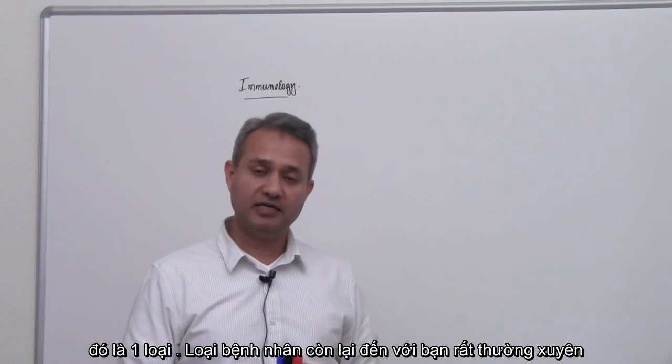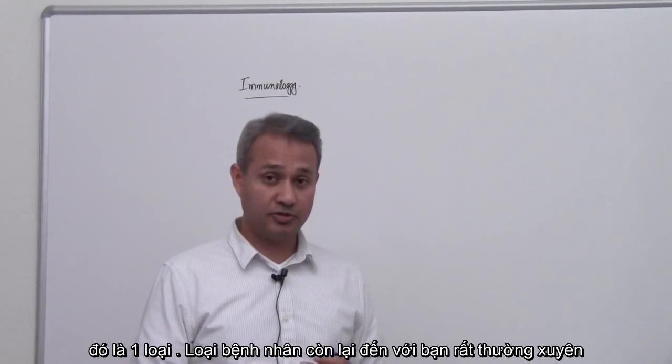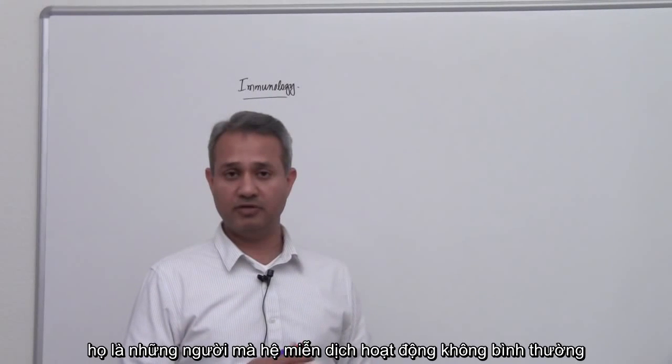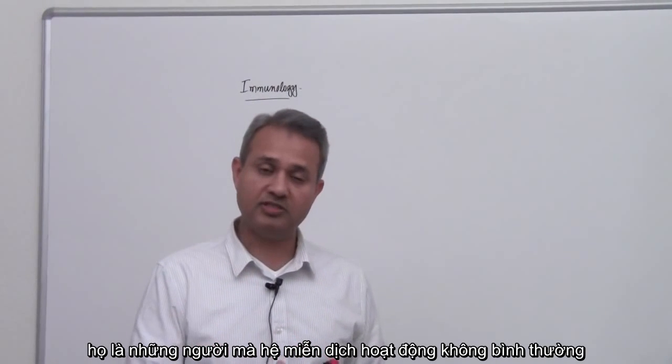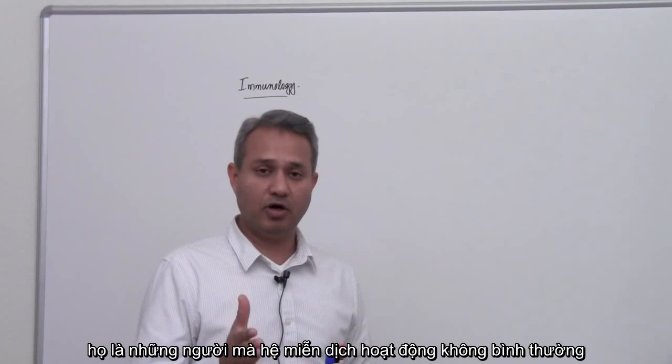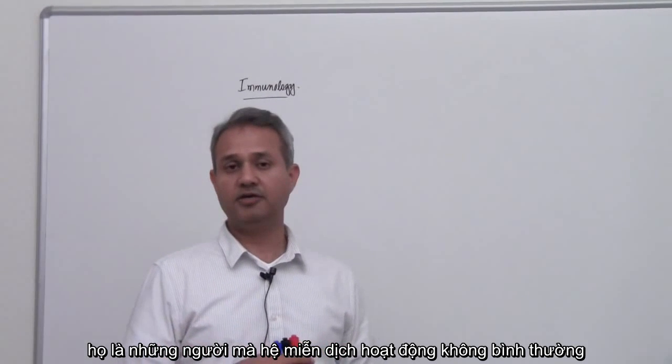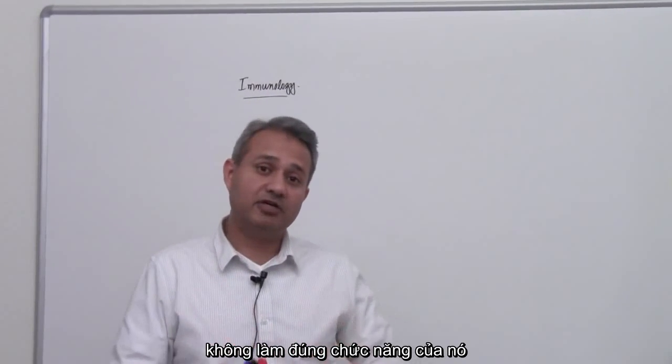That is one set. The other set of patients which would come to you, and very often, are going to be the ones where the immune system has been operating pathologically. So it is not doing its function correctly.